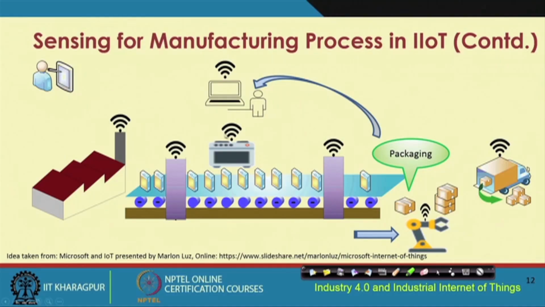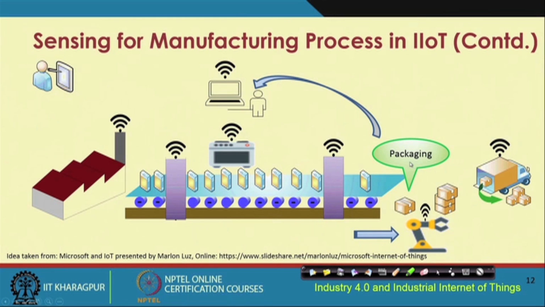But typically these intermediate nodes are not well equipped to do a lot of processing, they are not very high power computational devices. So, partially they can do some processing, but the rest of the information they will send to the central processor, like the data center or cloud or whatever, for further processing.